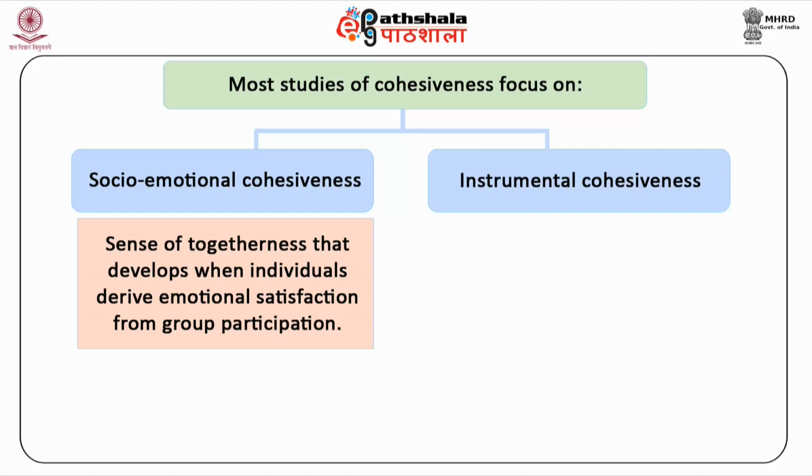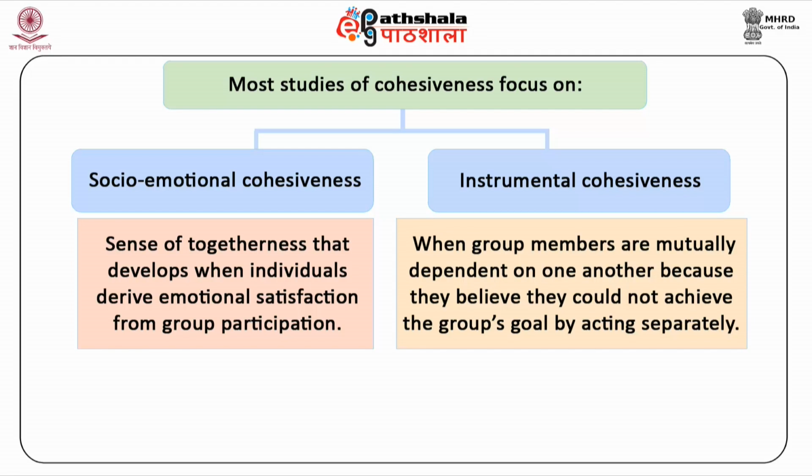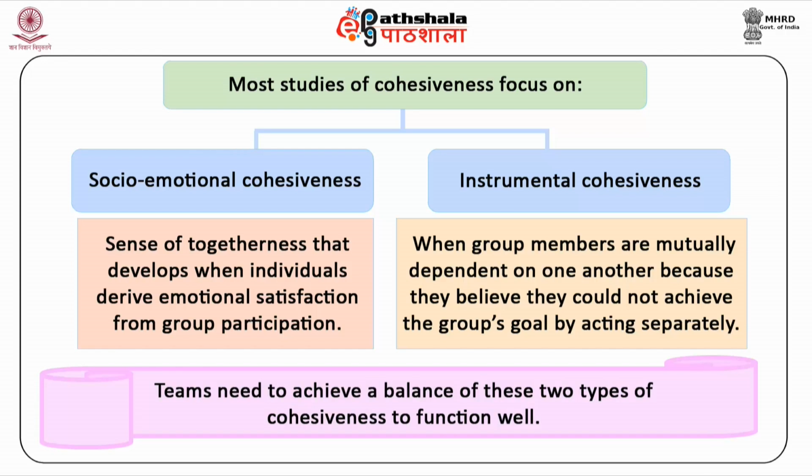There is also instrumental cohesiveness, the sense of togetherness that develops when group members are mutually dependent on one another because they believe they could not achieve the group's goal by acting separately. Teams need to achieve a balance of these two types of cohesiveness to function well.